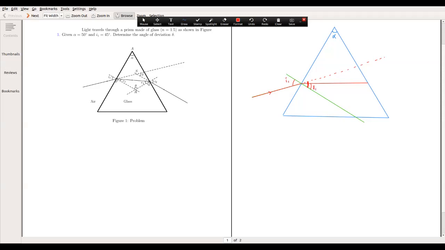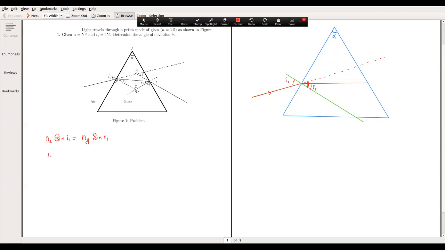I can calculate that R1. Let me calculate R1 here. We have the refractive index outside the prism. That's the refractive index of air times sine of the incident angle I1, which is equal to the refractive index of the glass, in this case the prism, times sine of the angle of refraction, that's R1.